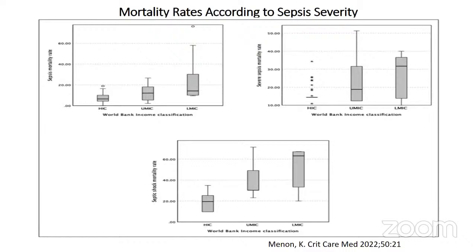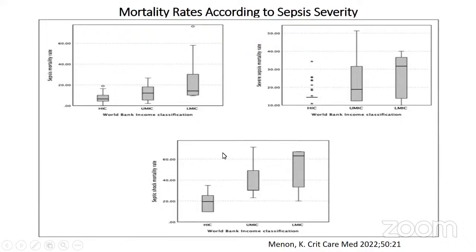Now, if you look at the mortality in terms of sepsis, if you've got sepsis and severe sepsis, the mortality goes up significantly, especially in the upper middle income or lower middle income countries. One could argue South Africa is somewhere in the upper middle income countries, but the mortality is worse in the lower middle income countries.